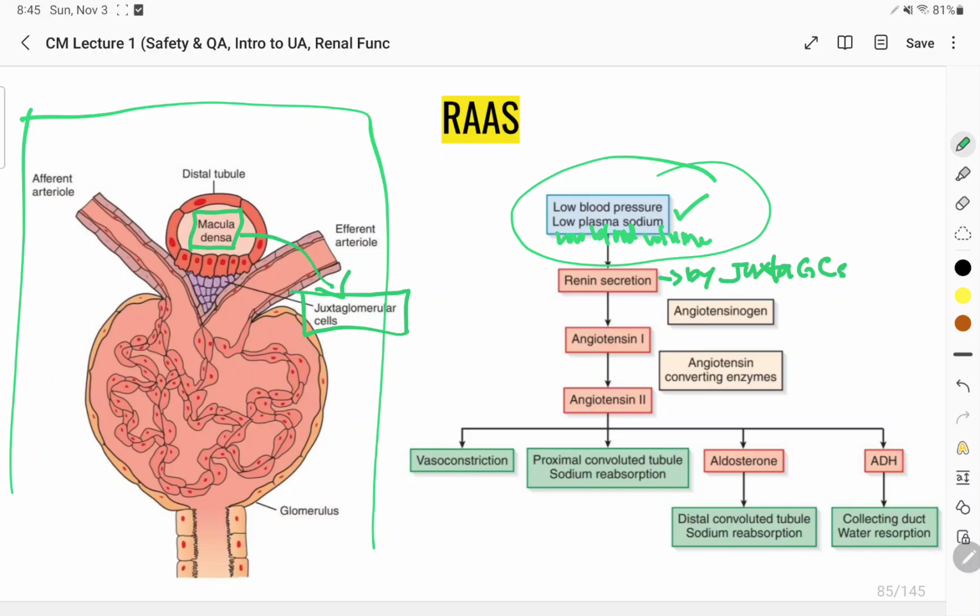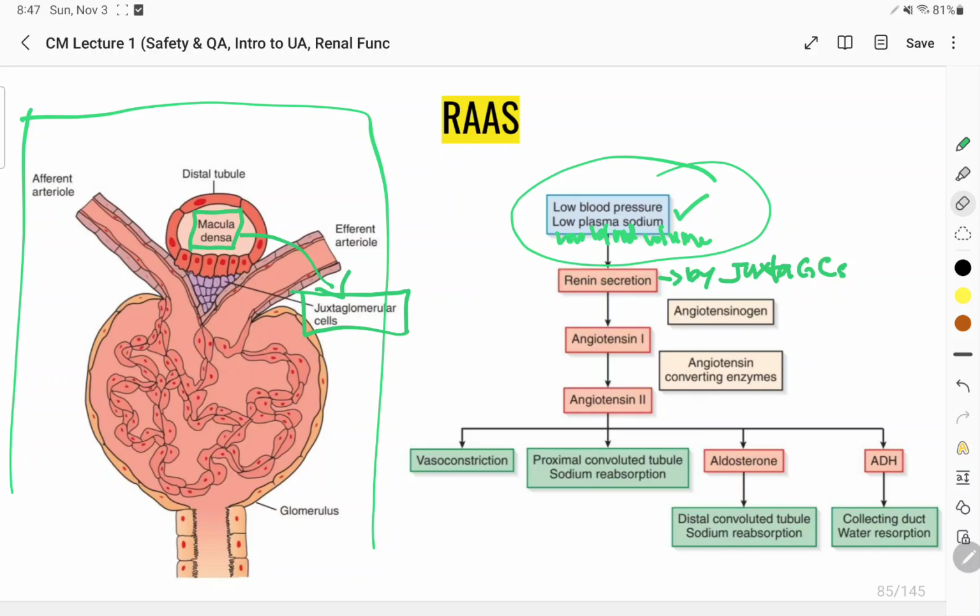And then your renin. Sorry, your renin is not a hormone.